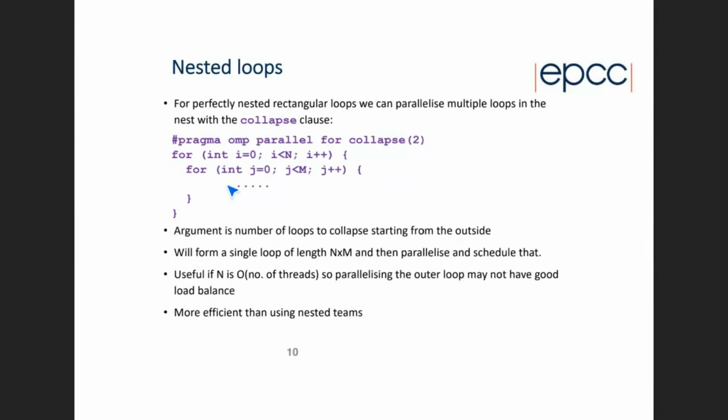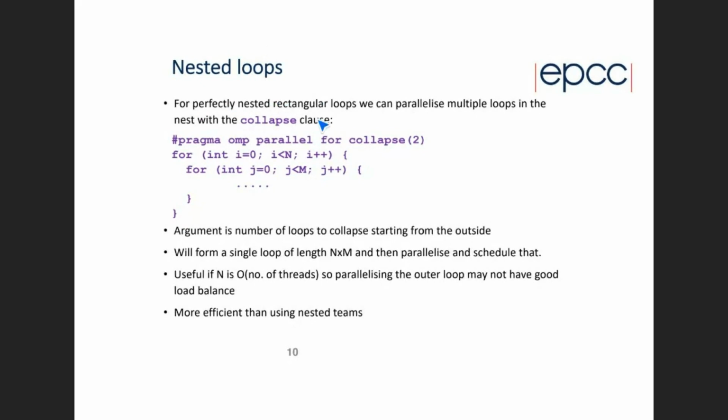The perfectly nested bit means that all the executable statements occur inside the innermost loop. So there aren't any code statements, for example, between the first and second for loops, and likewise there are no executable statements between the end of the inner loop and the end of the outer loop. That's what perfectly nested means.